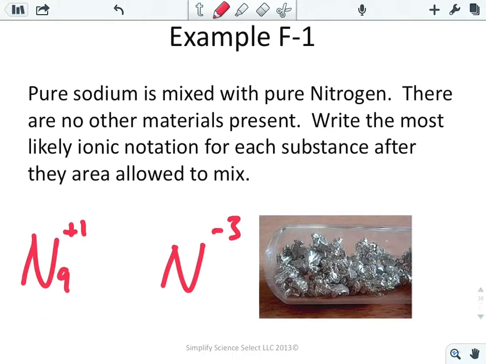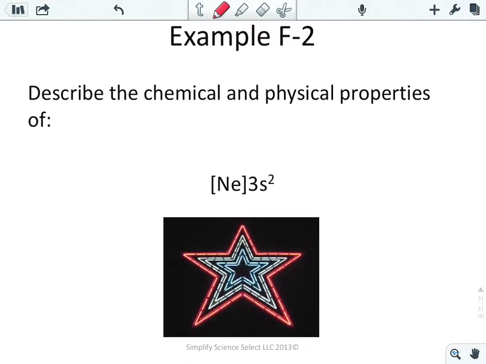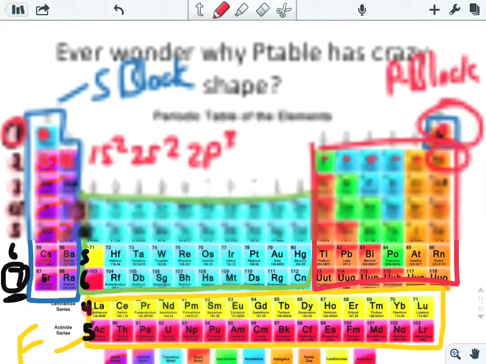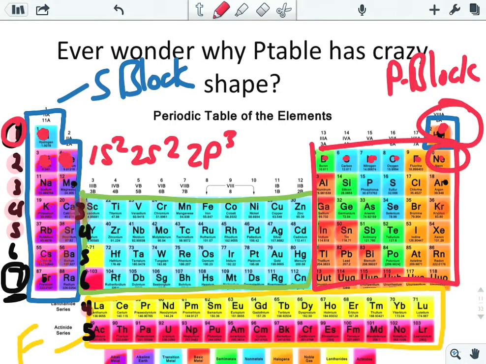Okay, last example, it says describe chemical and physical properties of this right here. So basically we have neon and then 3s2. Let's look at our periodic table. Again, we always use this. We have neon, which is right here, and then 3s2, which is magnesium.